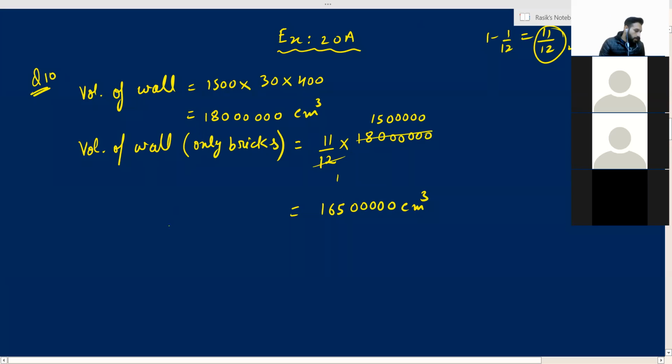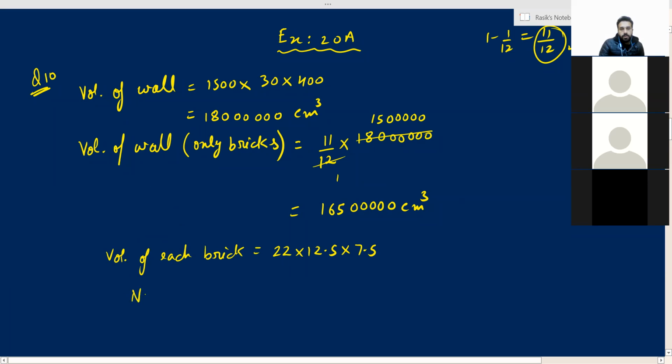Okay. Now, volume of each brick. The dimensions of the brick are 22 into 12.5 into 7.5. This is the volume of each brick.